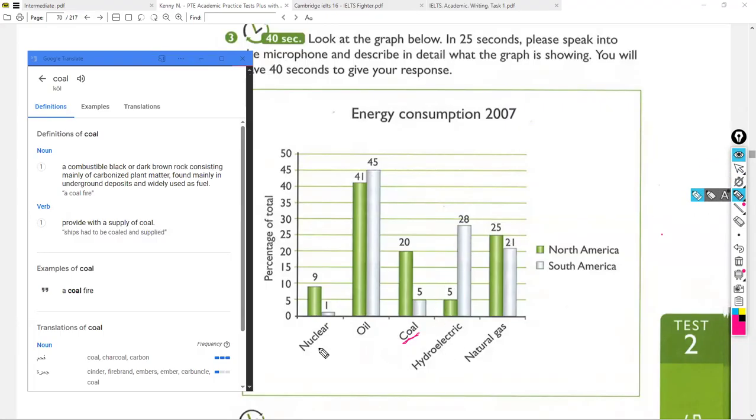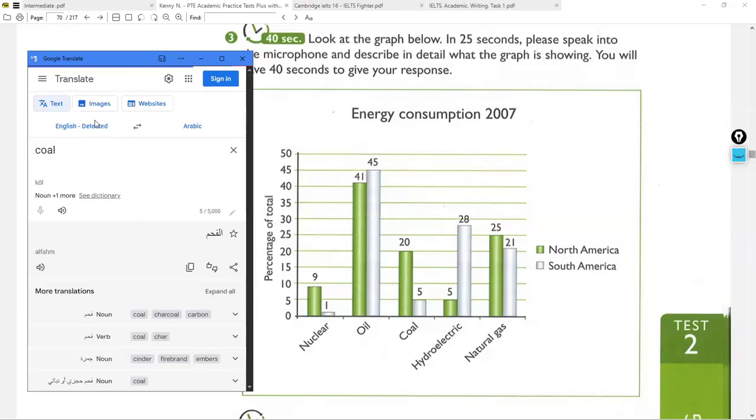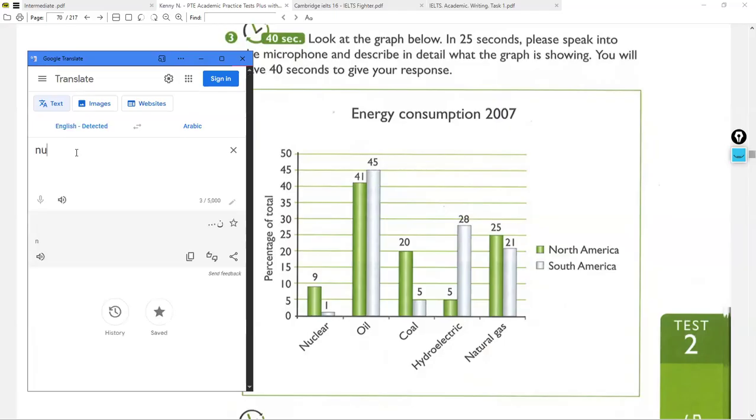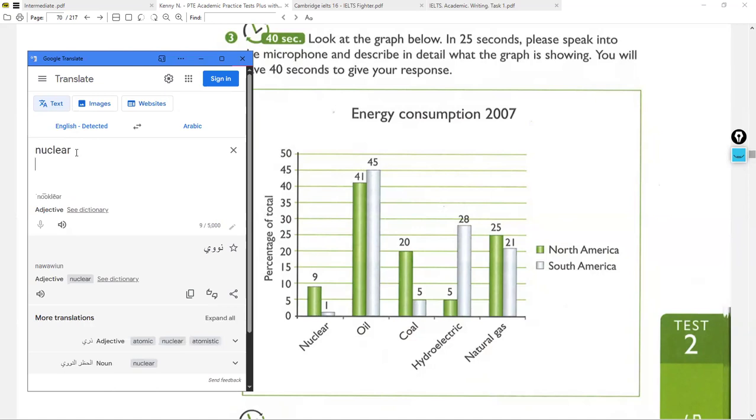Do you know the meaning of nuclear? I have to know the meanings. Okay, this is the meaning of nuclear.